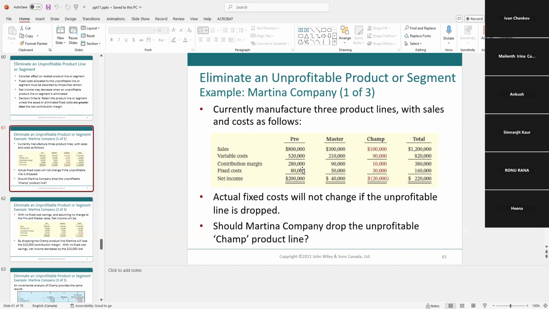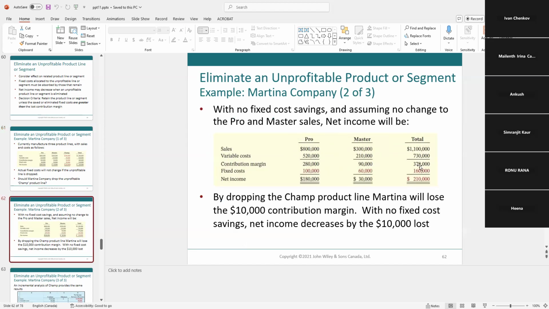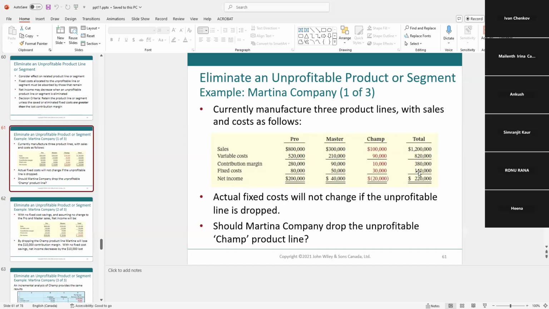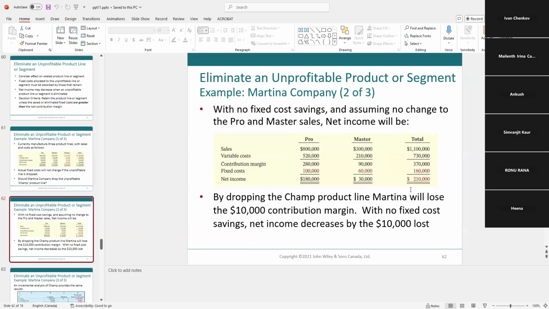Then my contribution margin, only from those two products, the Pro and the Master, is $370,000. Now my fixed cost is going to stay $160,000. They're not going to change. So technically, I'm going to see a reduction in my income of $10,000.